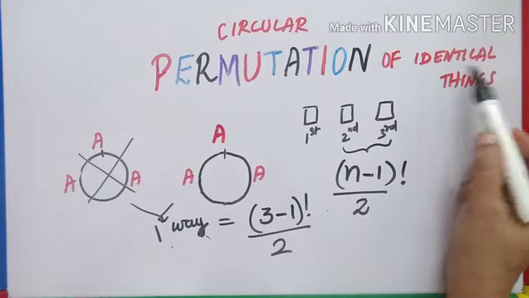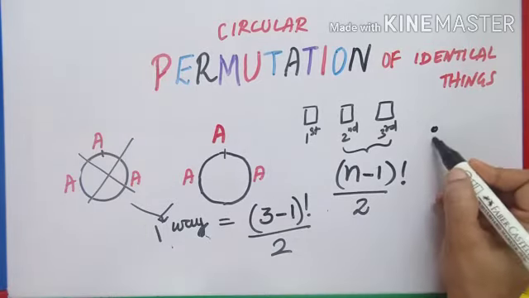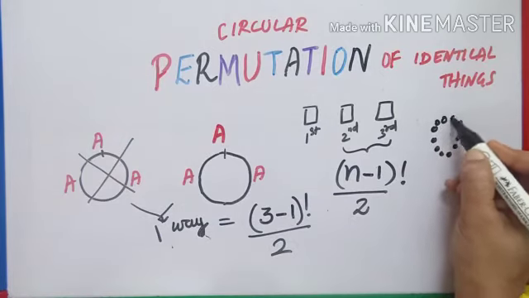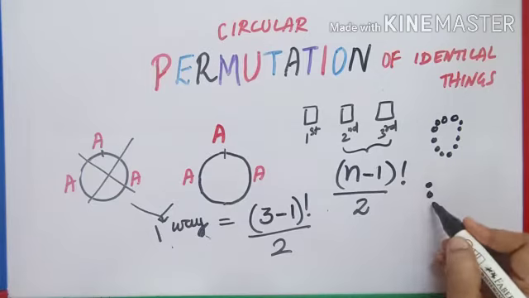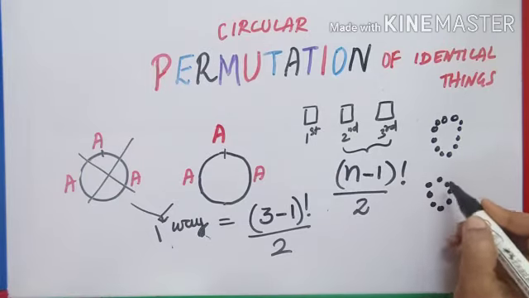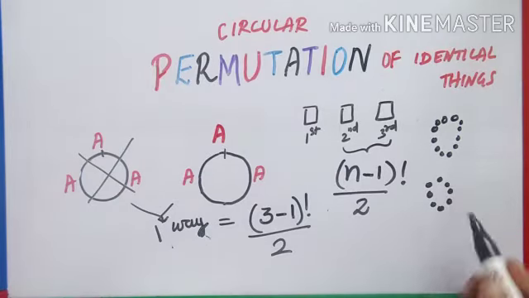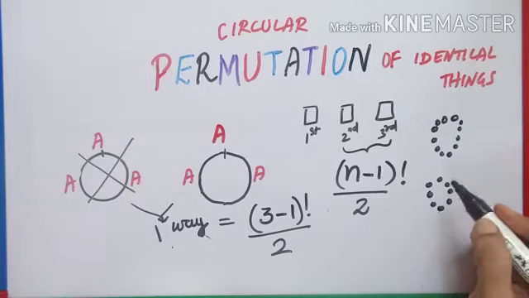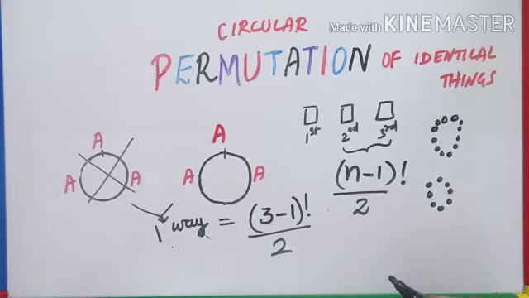Where do you get these identical things? The roses, garland. So here you have the garland like this. The beaded chain you are wearing, all this will be of this pattern, looking like a circle, but all the beads are the same. I cannot say this is the first bead, this is the second bead, and so on.